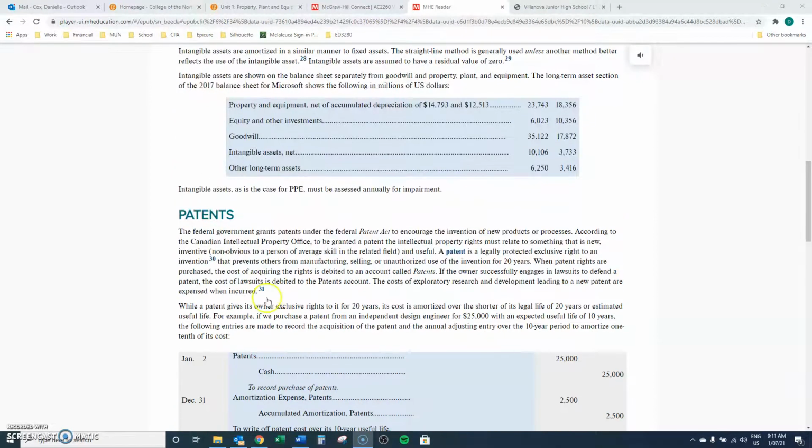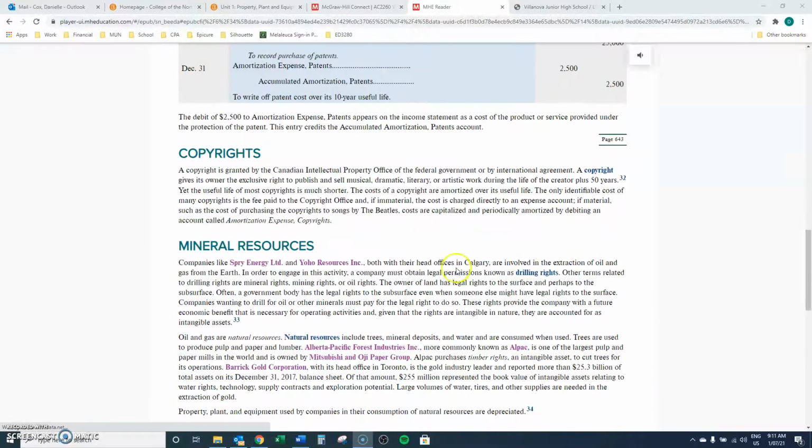They're all typically handled very similarly, but a patent gives you the legally protected exclusive right to an invention here, and it's for 20 years. A copyright is for the life of the creator plus 50 years.